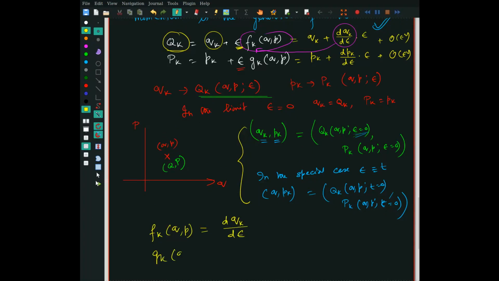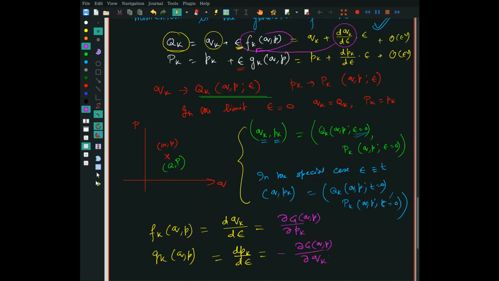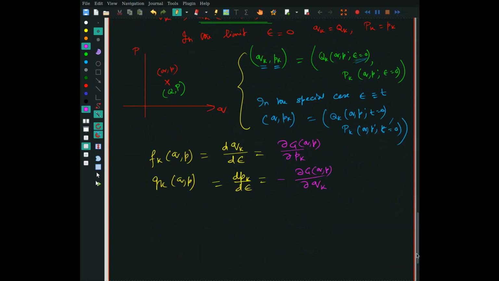So this gk qp is equal to dpk d epsilon, and according to my condition of canonical transformation, this dqk d epsilon should be plus del g by del pk, this is a function of q and p, and this is equal to minus del g, function of q and p, by del qk. Great. So this is the equation that I got.